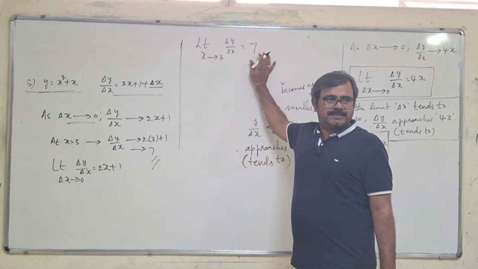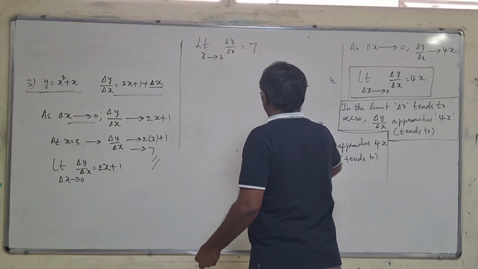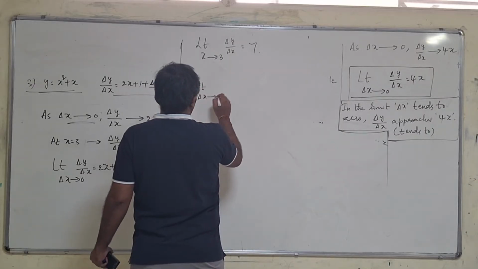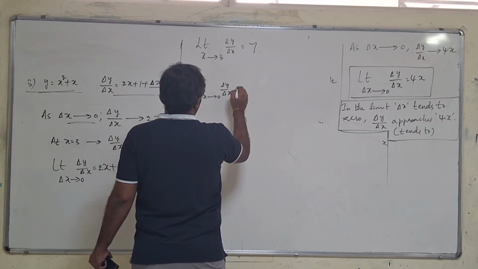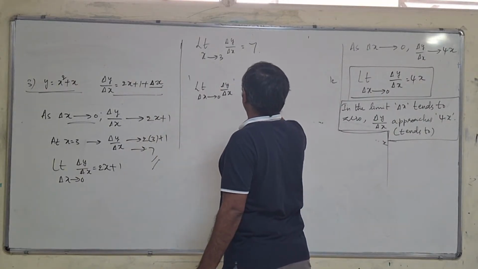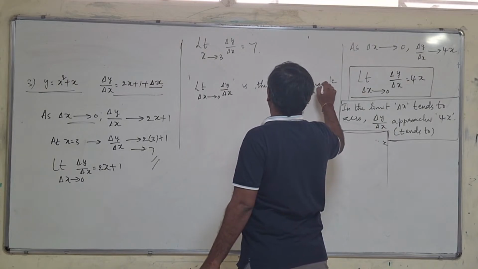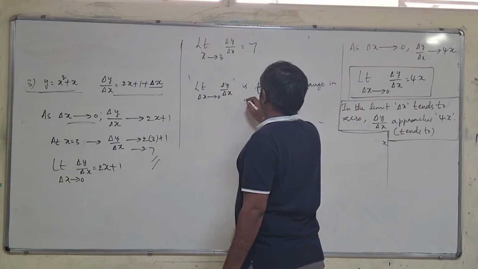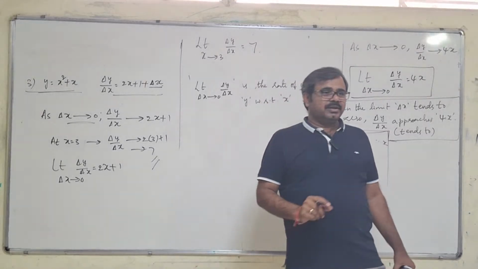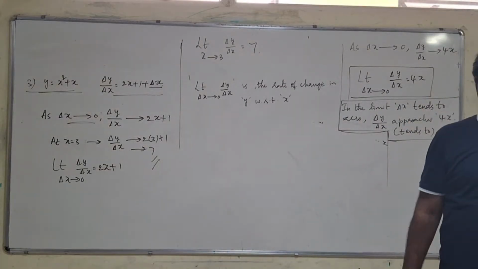Okay, so this limit delta x tends to 0, delta y by delta x is also the rate of change in y with respect to x, where in a small interval constructed around that value of x, isn't it?